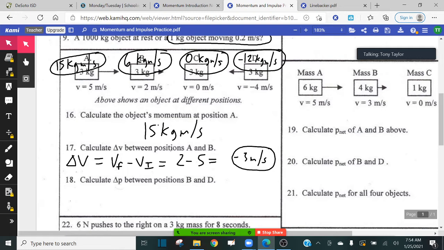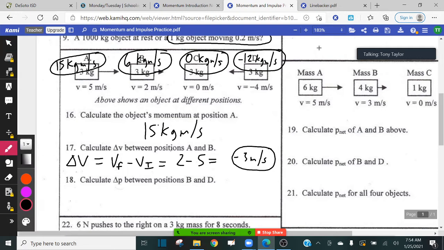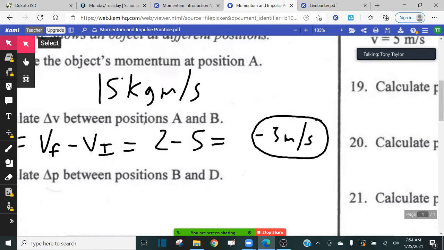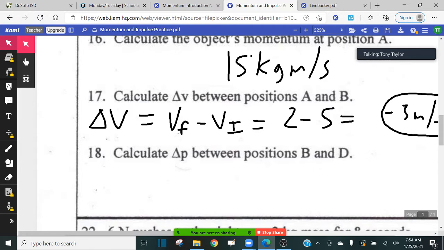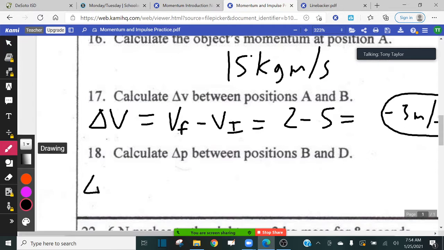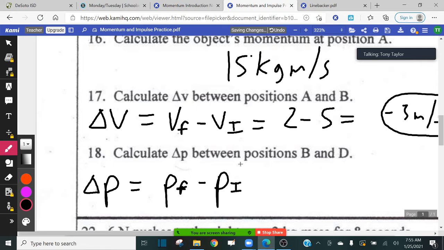Okay, so this is position D and this is position B. This was the final position, and this was the position at some time before that. So, guys, as a general rule, whenever you calculate the change in something, in this case the change in momentum, it's always equal to the second value minus the first value. In other words, some final value minus some initial value.